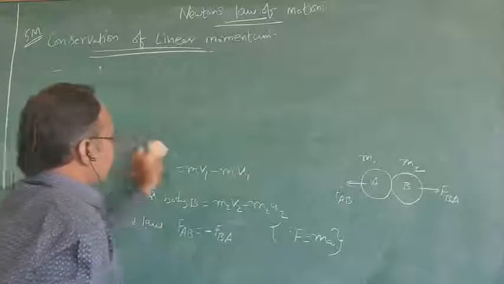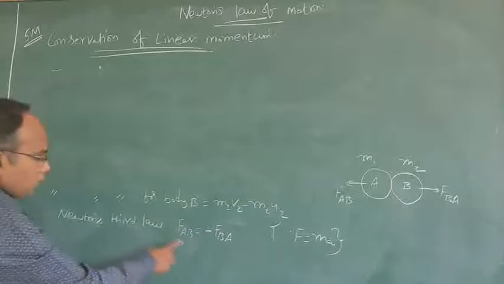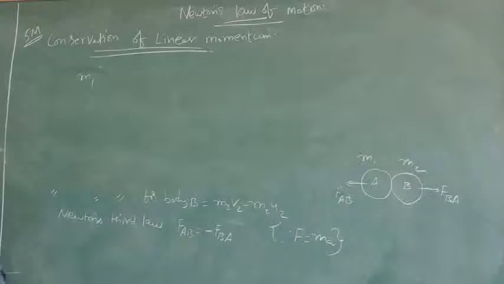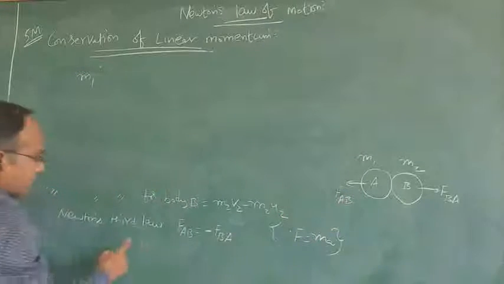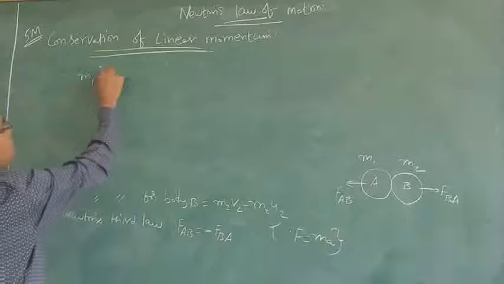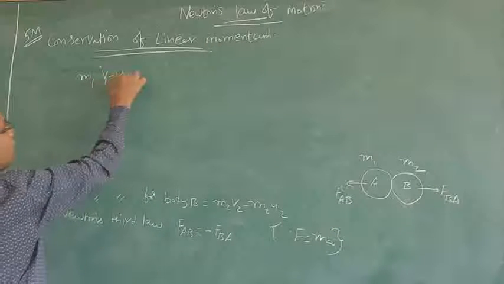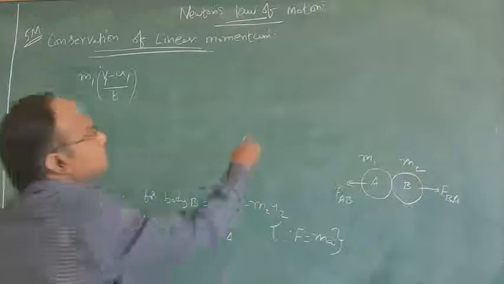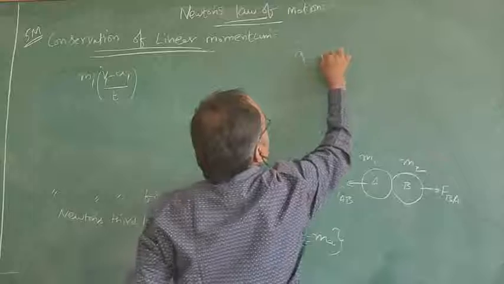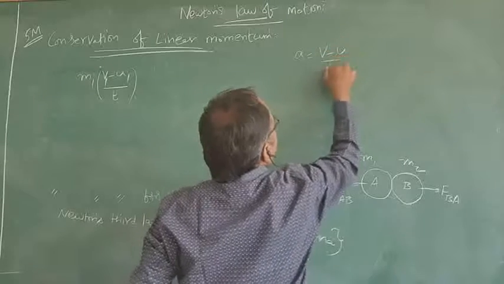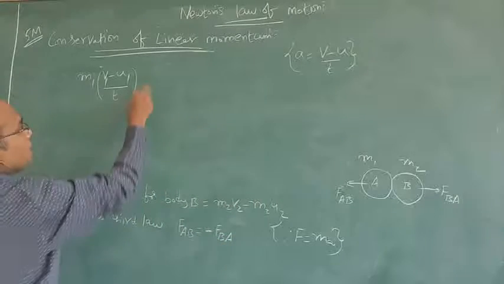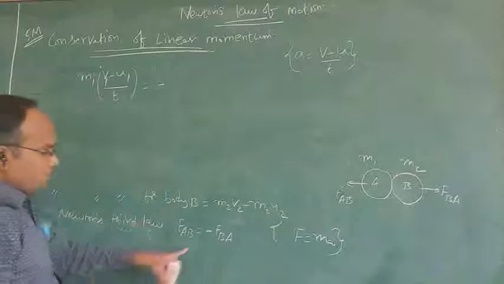Now, for the force FAB, m into a means m1 times acceleration. Acceleration means change in velocity, final minus initial, divided by t, so (v1 minus u1) divided by t. This is equal to minus FBA.